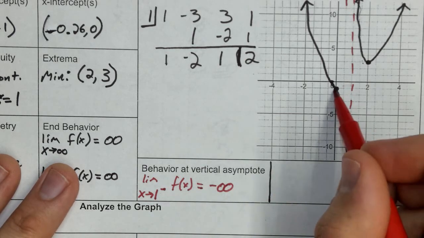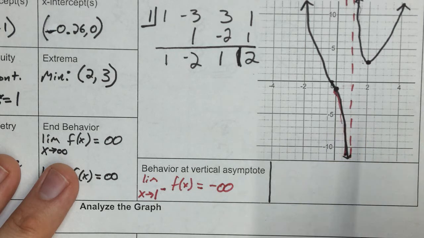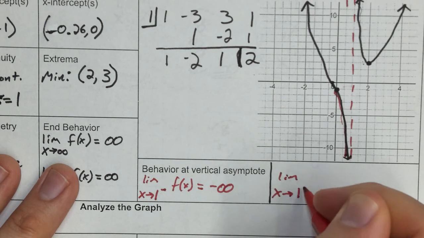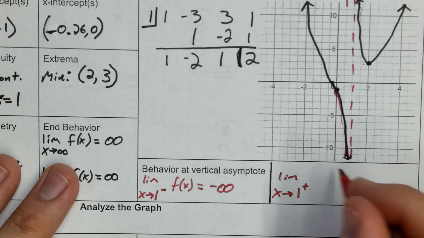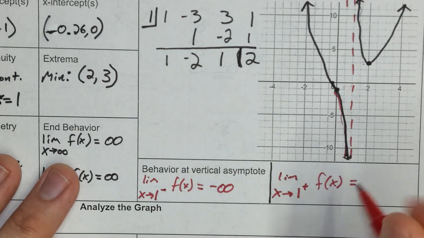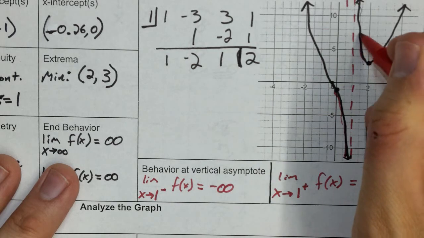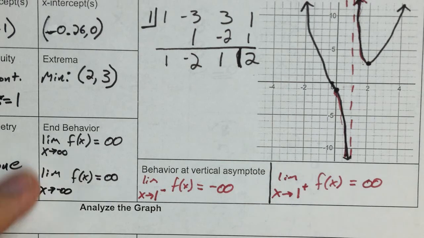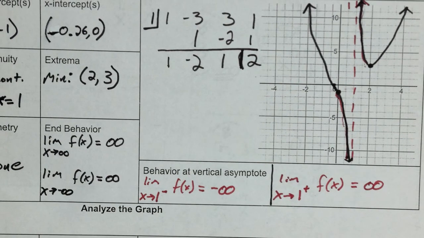The limit as x approaches 1 from the right-hand side, the positive side, of f of x, as we approach the asymptote from the right, it's going up. And so we say it's approaching positive infinity. All right, and that wraps up all the components of analyzing a graph of a rational function.